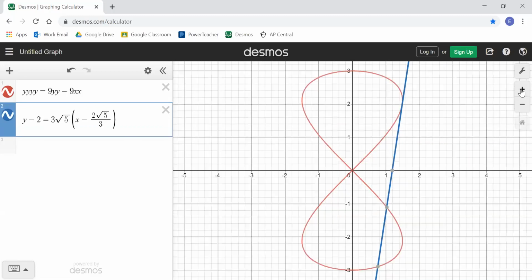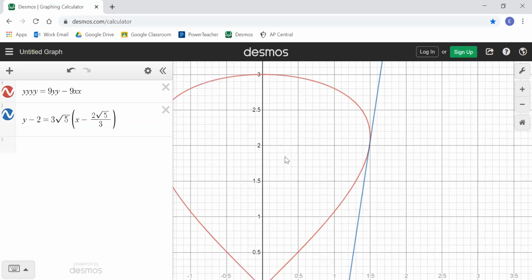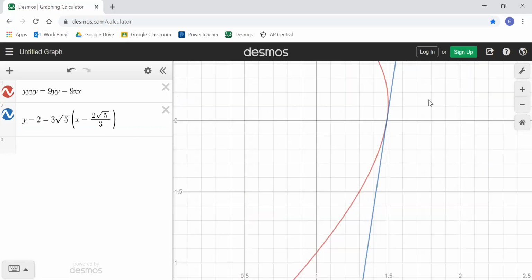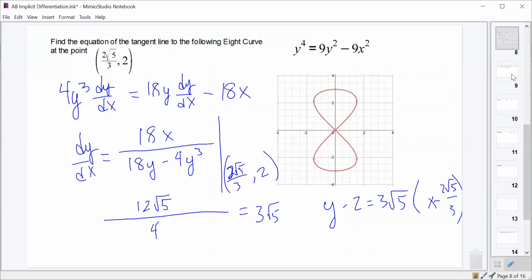And if we zoom in a bit there, we can see that our line is tangent at this point, 1.491 comma 2, which is 2 root 5 over 3 comma 2. Good or no? That's good. All right. Okay.